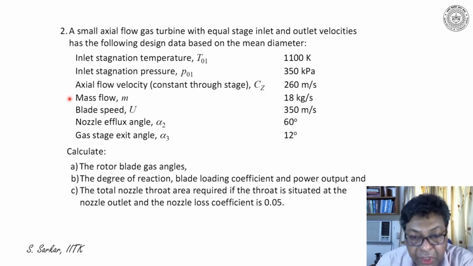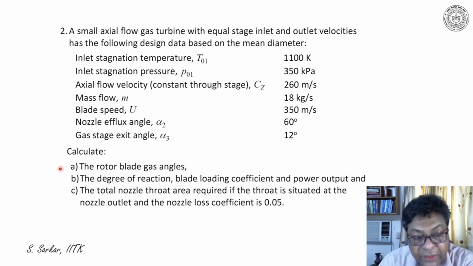Mass flow m is 18 kg per second. Blade speed U being 350 meter per second. Nozzle exit angle alpha 2 is 60 degree. Gas stage exit angle alpha 3 is 12 degree.